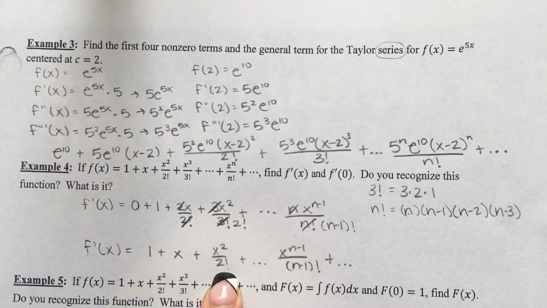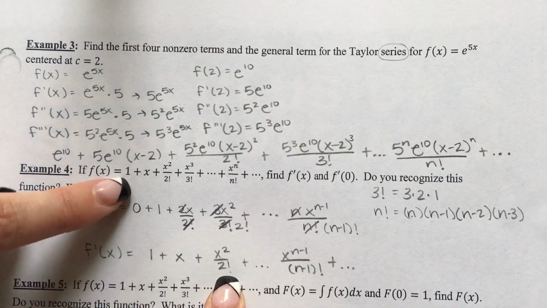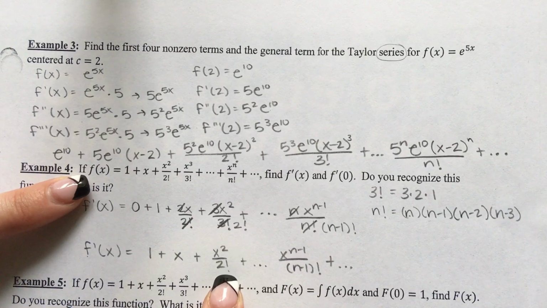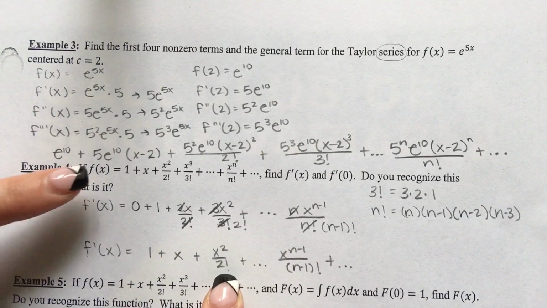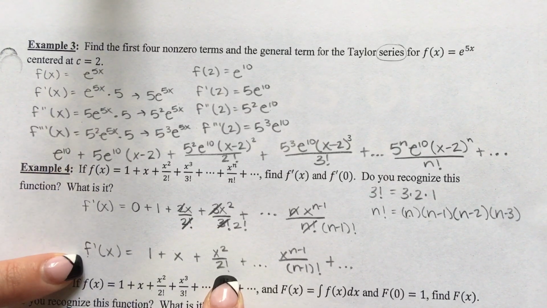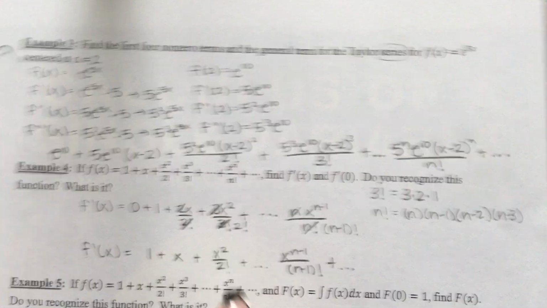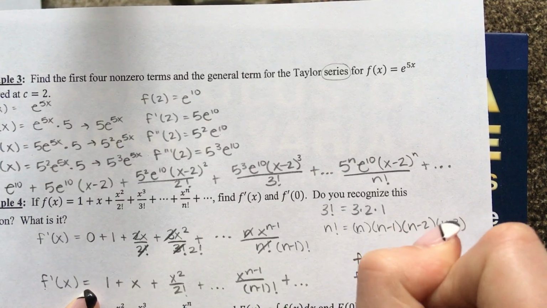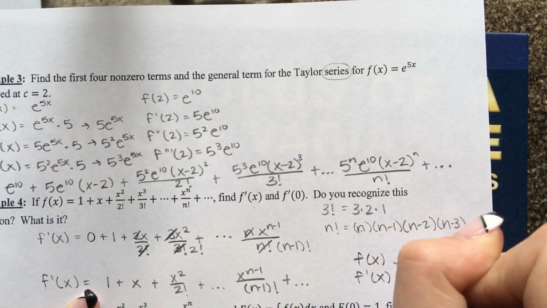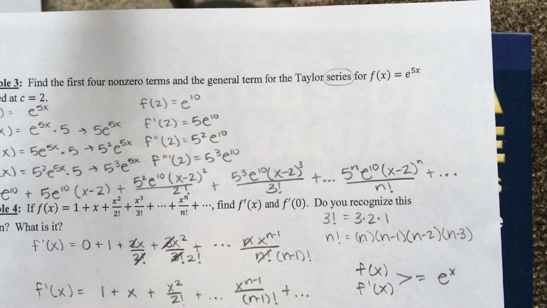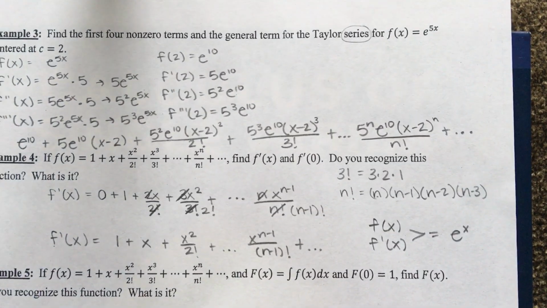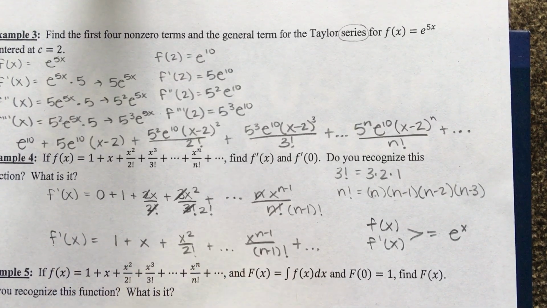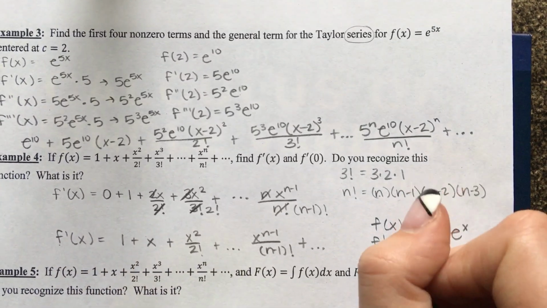And if you recognize them, you might see that these are both the function e to the x, which makes sense because e to the x is the only function I think that we know of where the original function and its derivative are exactly the same thing. So I'm going to say f of x and f prime of x both equal e to the x. And then if I want to take the derivative and evaluate it for 0, just plug 0 into all the x's, I'm going to find that that equals 1.